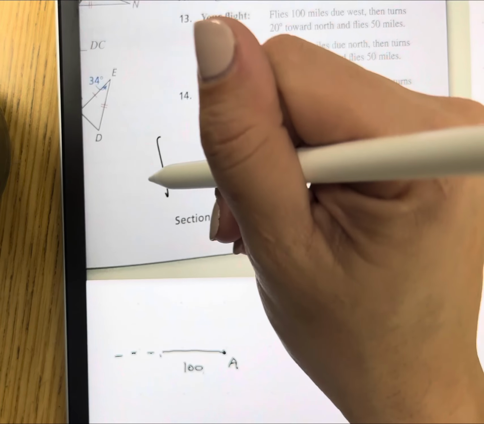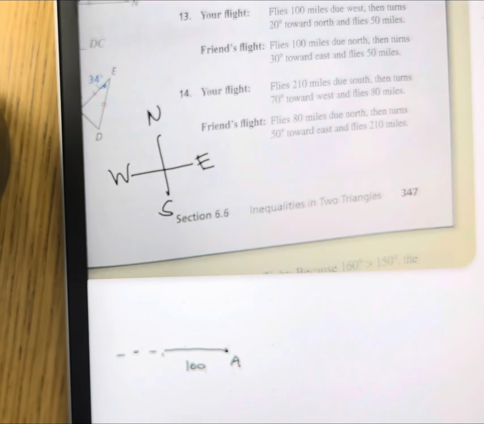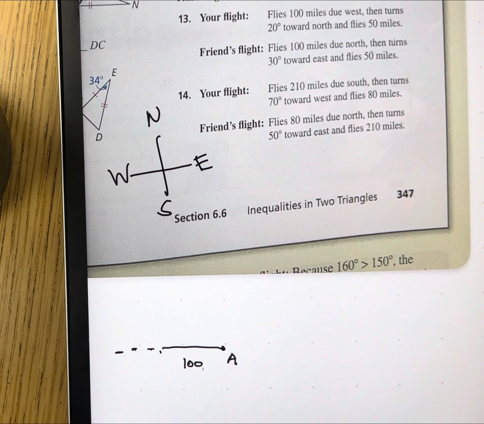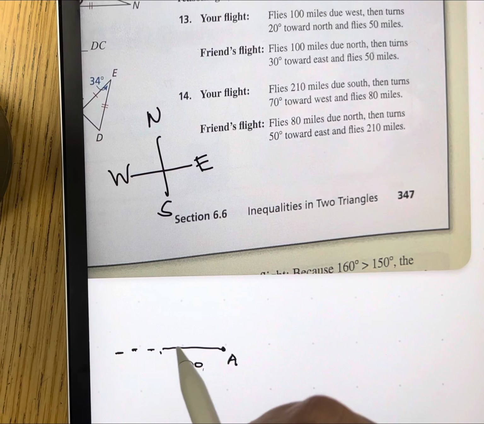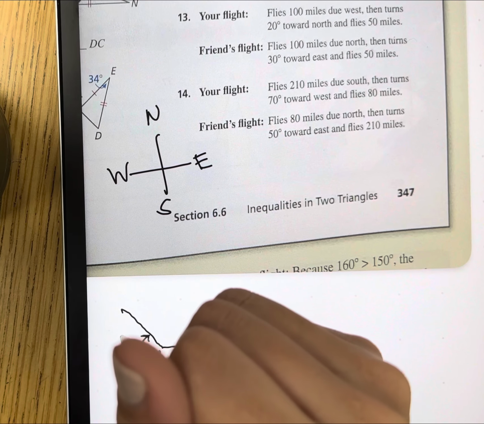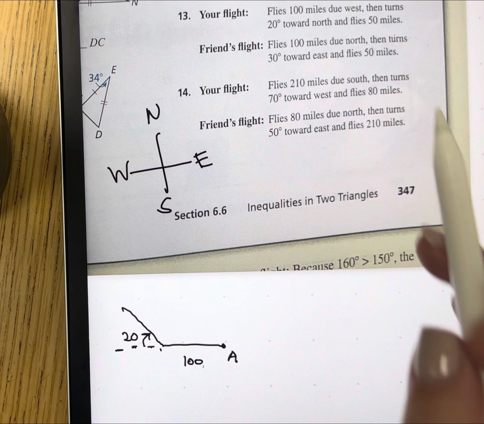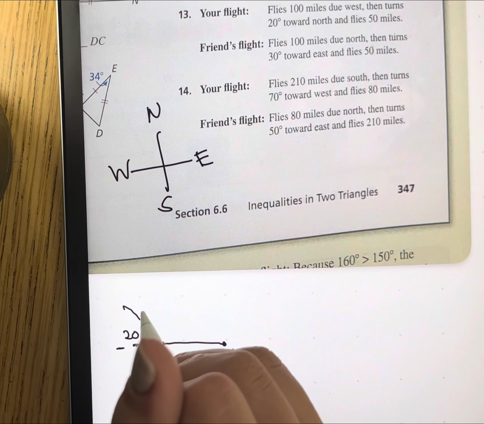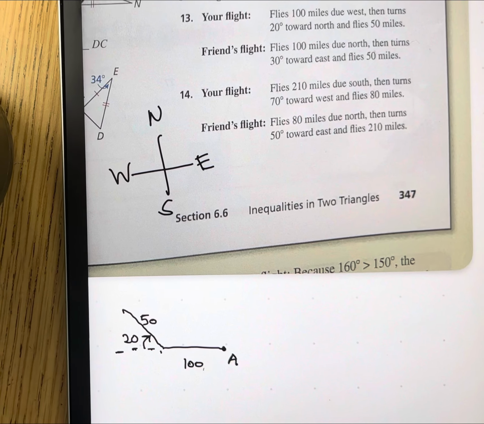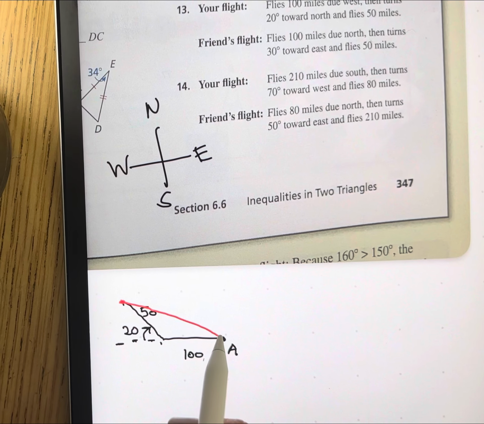So if you remember, never eat soggy waffles, heading 20 degrees towards north from west would be going this way 20 degrees. And then I go 50 miles this way, so 50 right here. Okay, and now if I want to see how far I am from the airport, from here, I go here.